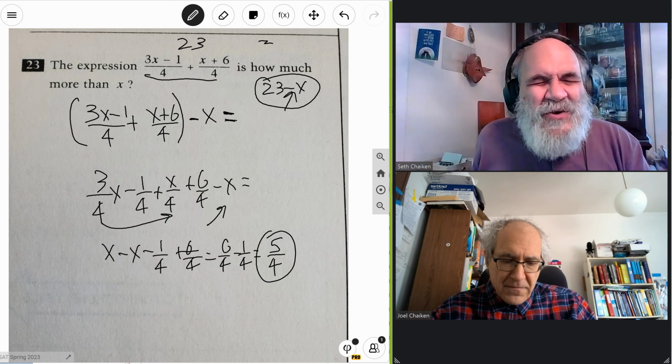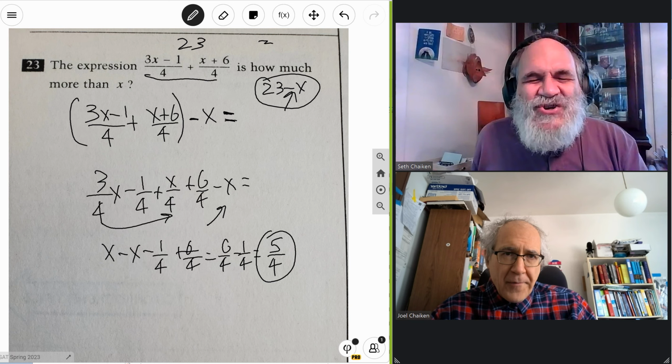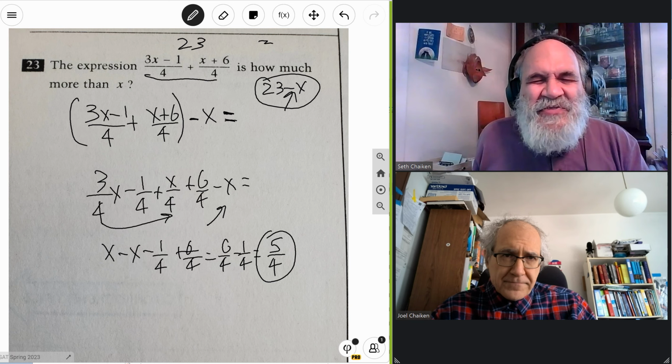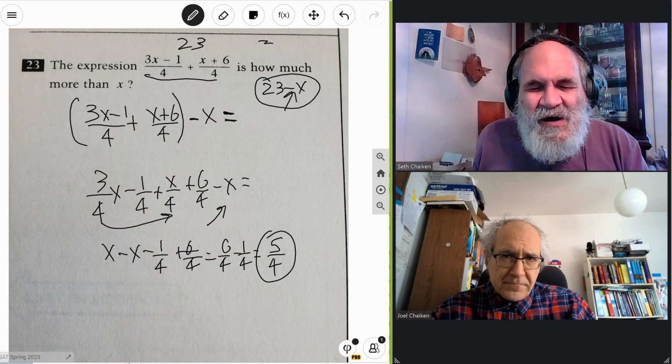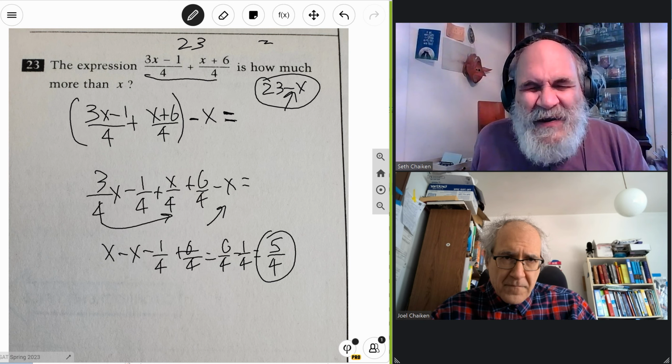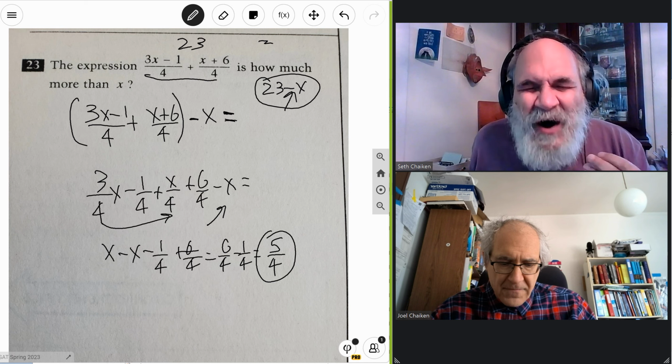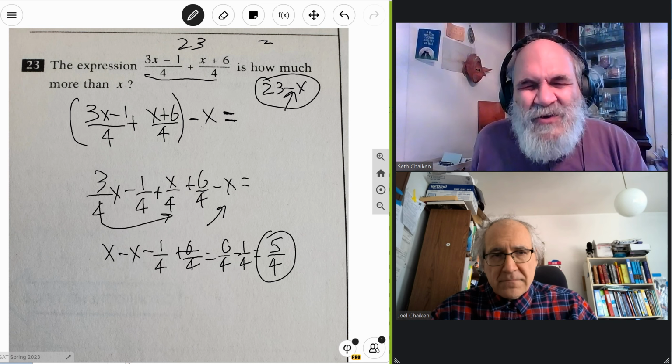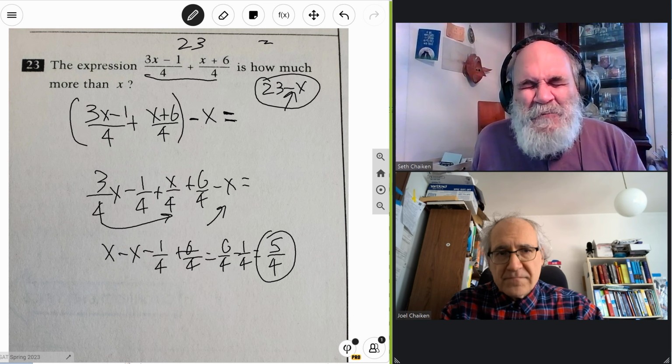And when you're comparing by ratio, the thing you are comparing always goes in the numerator, and you divide it by the thing you are comparing it to.